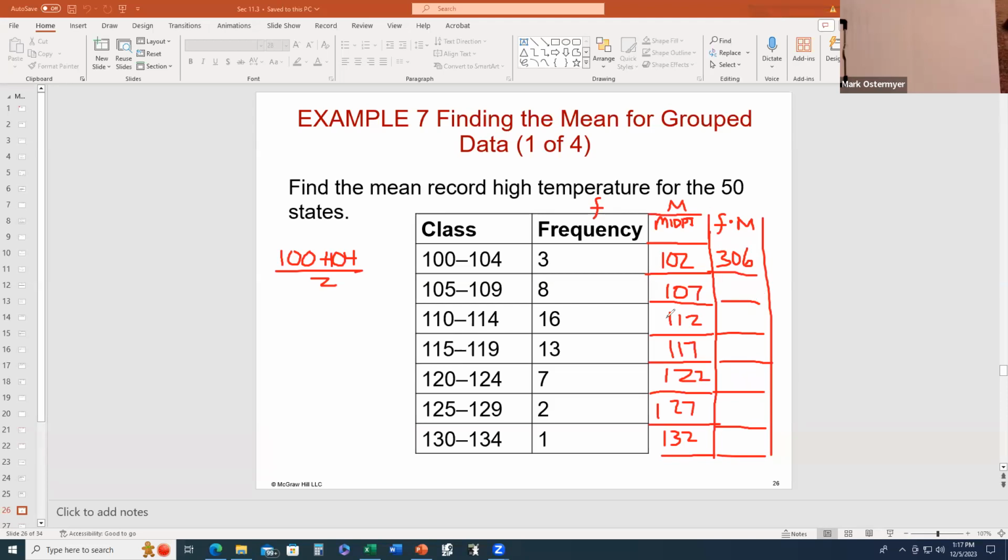What's 8 times 107? 856, is that correct? 856. 16 times 112 is going to be what? 1792. 13 times 117.